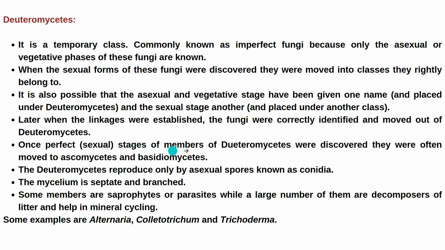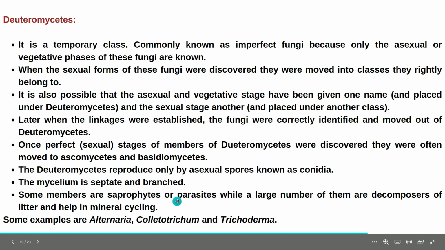If the sexual stage of members of deuteromycetes is discovered, they are often moved to Ascomycetes and Basidiomycetes. The mycelium is septate and branched. Some members are saprophytes or parasites, while a large number of them are decomposers. The members of deuteromycetes help in recycling of nutrients. Examples: Alternaria, Trichoderma, Colletotrichum.